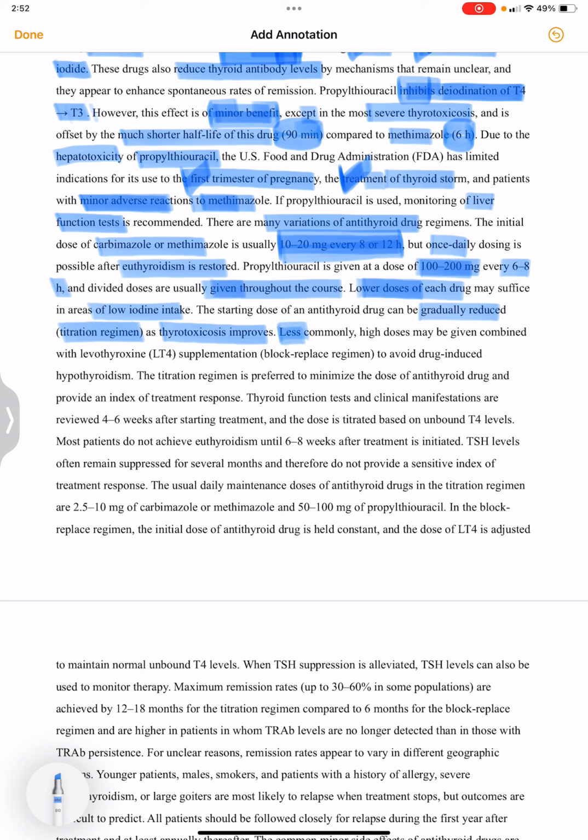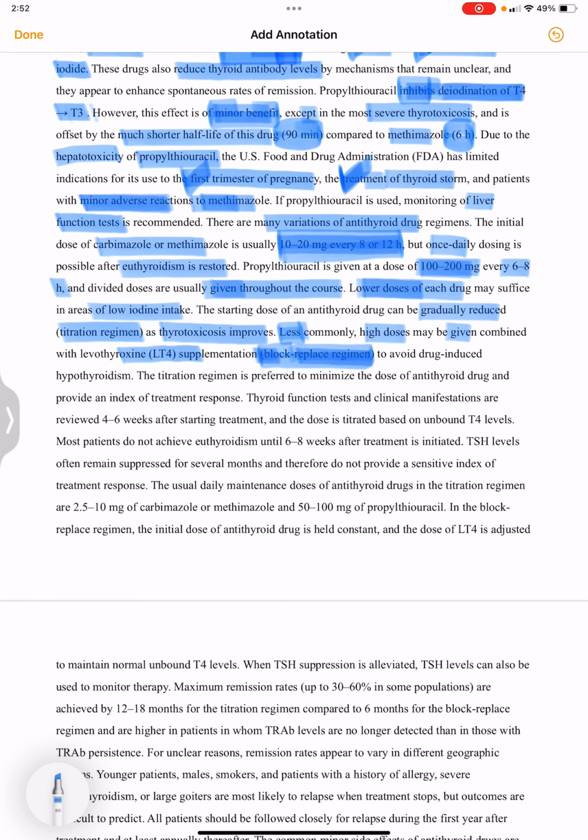We are blocking, and we are replacing with levothyroxine.